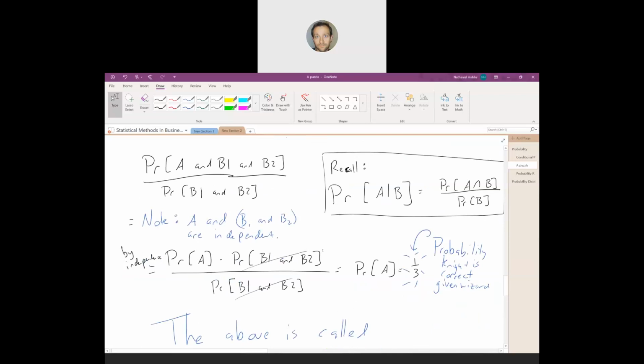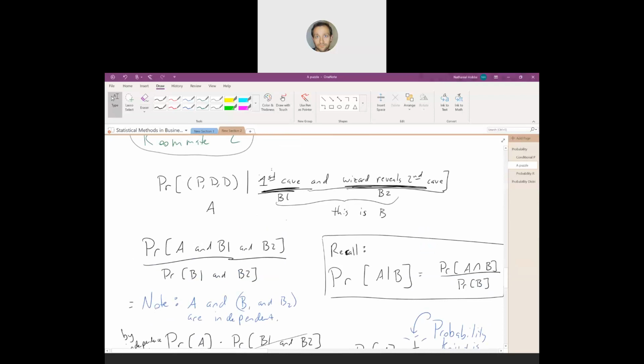You can just calculate it. And so here, this is saying that the probability of the knight choosing correctly the first time, that's B1, is independent of which cave the wizard reveals. When I say it's independent, I mean that if the wizard reveals this, then it doesn't change this probability.